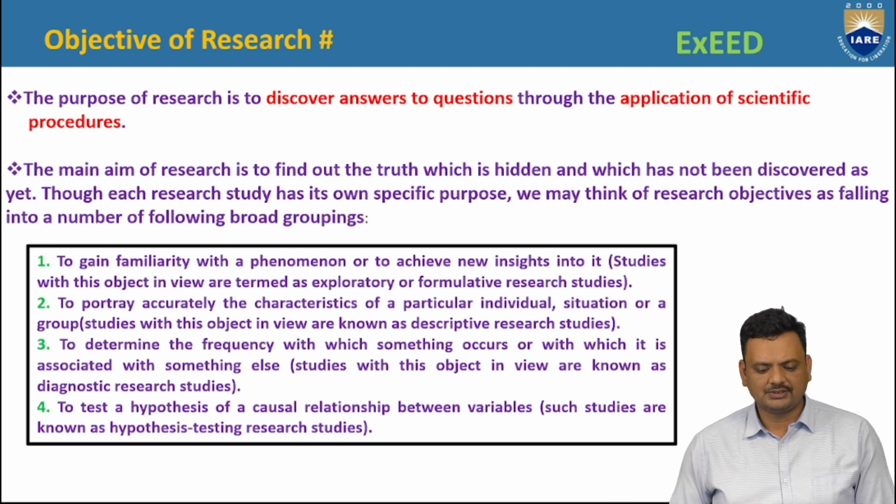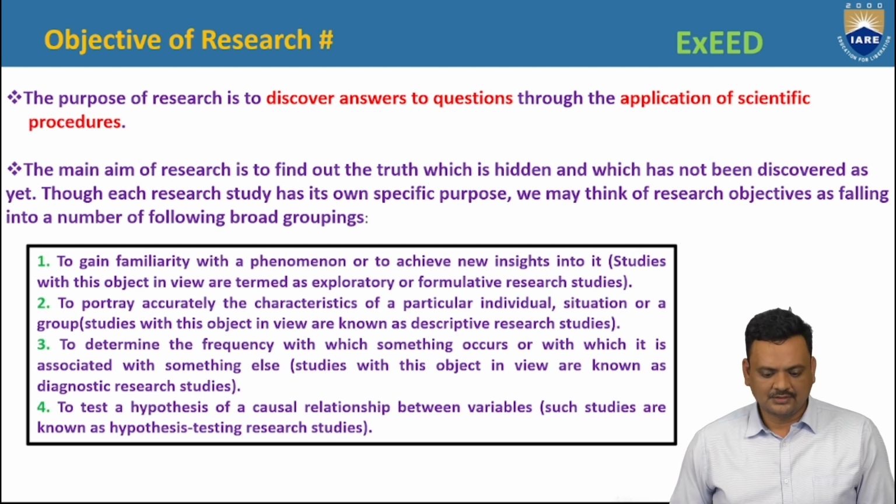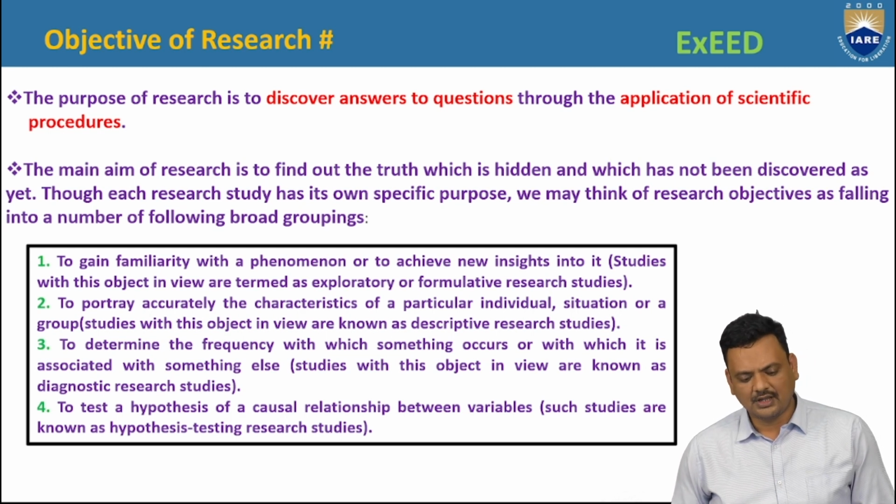The main aim of research is to find out the truth which is hidden and which has not been discovered as yet. Though each research study has its own specific purpose, we may think of research objectives as falling into a number of broad groupings. The research objectives can be categorized into the following four groups.